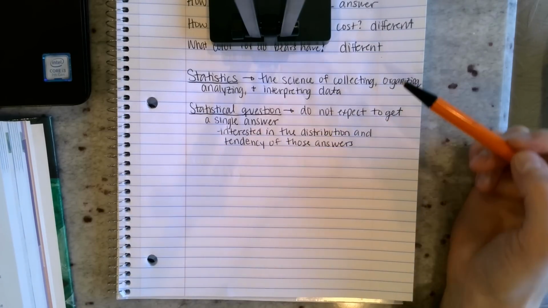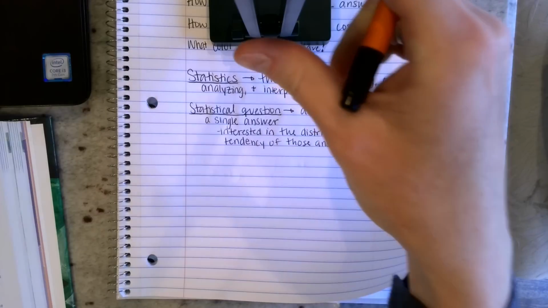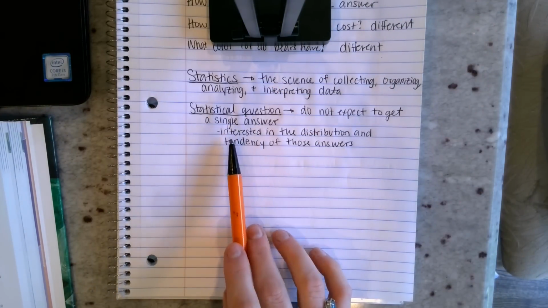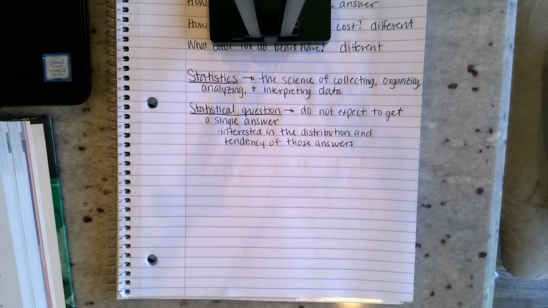Some of those questions up here that we were getting different answers for are statistical questions. How many states are in the US is not a statistical question. That's just a factual question. With your statistical questions, you're interested in the distribution and tendency of those answers. So how often are certain answers occurring?